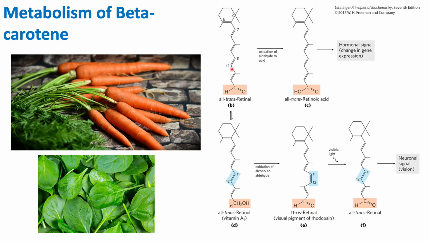Now over here we can actually take a look at the structures. So we have all-trans retinal and all-trans retinol. These are the products of the cleavage of beta carotene. Now remember, we're interested in all-trans retinol.